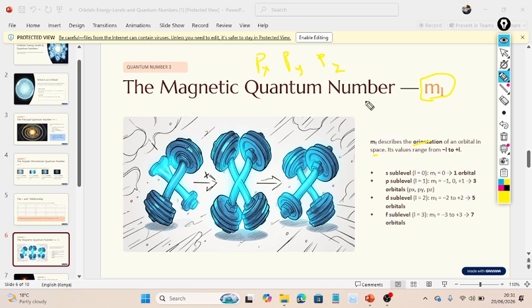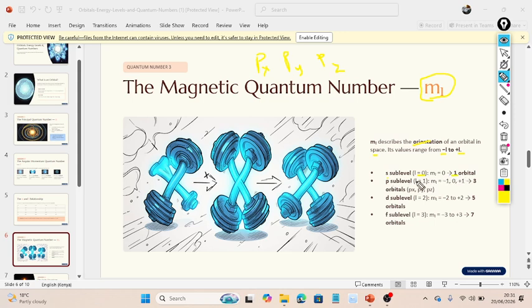It helps us know each orientation of an orbital in space. Its value ranges from -l to +l, meaning when the subshell level L equals 0, we will have one orbital.